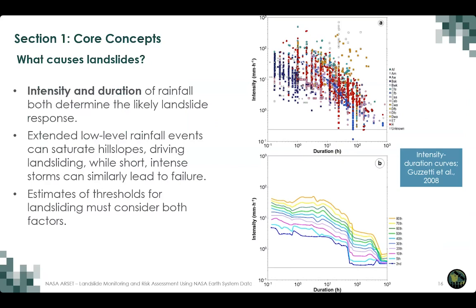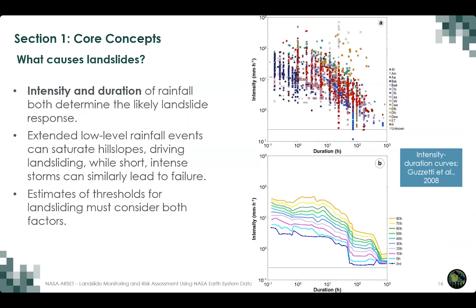Scientists have thought a lot about the thresholds for landsliding, and generally these are based, particularly when it comes to rainfall, on the intensity and duration in combination with one another. The figure I'm showing here is a compilation of data sets looking at the intensity and duration of rainfall prior to debris flows. You can see that at low durations, on the far left of the x-axis, you require higher intensity of rainfall to trigger a debris flow, shown by these blue points.